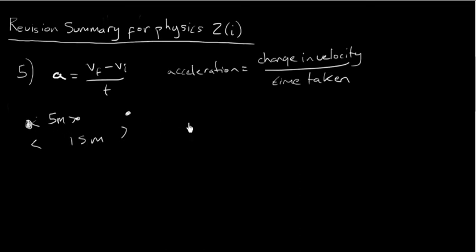That would give you a negative number. You would do the final distance minus the initial distance, and then you would get your 10 meters, which is the difference in distance away from me between the time later and the time before.